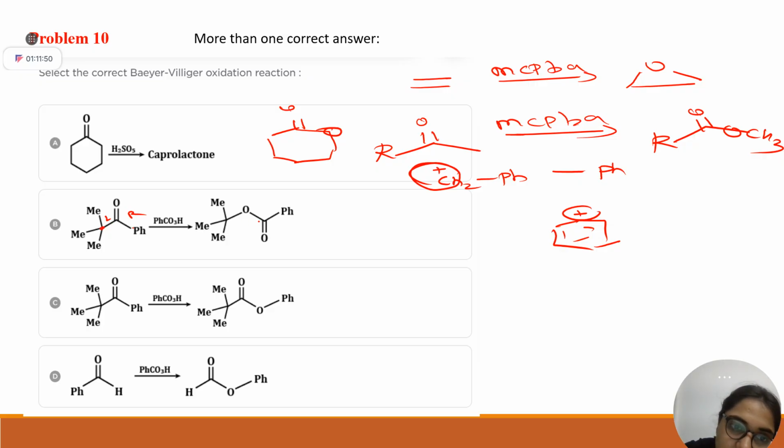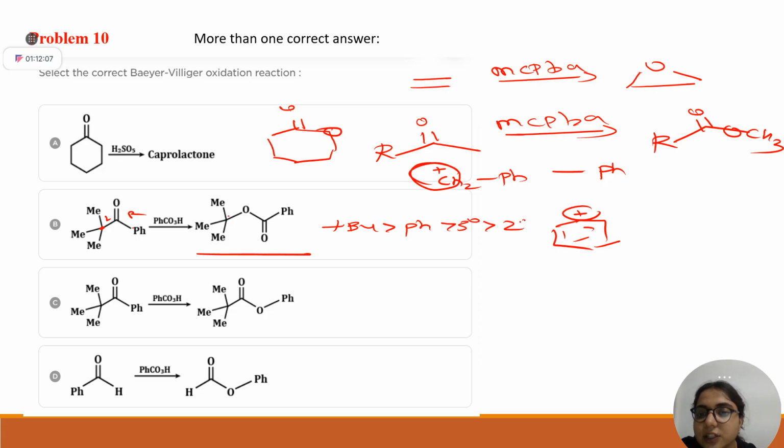If it is migrating, oxygen will insert next to that more stable carbon. You have to imagine it like this. So the correct order is tertiary butyl, then your phenyl, then your 3 degree, then your 2 degree alkyl groups, and at last your 1 degree. This is your migratory aptitude order for Baeyer-Villiger oxidation.